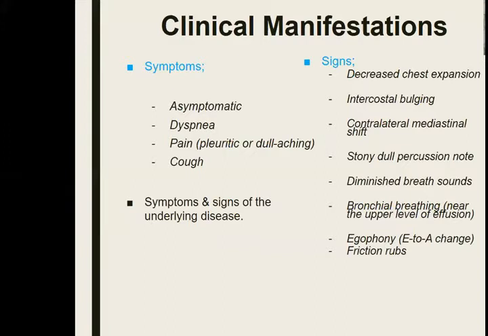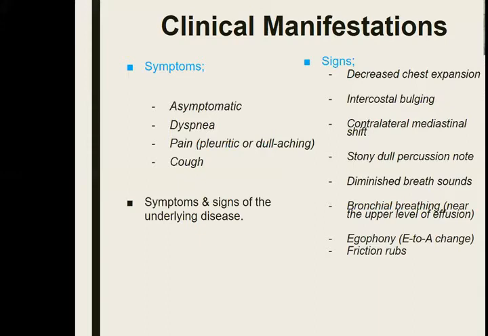For instance, if a moderate amount of fluid accumulates rapidly, the patient is more symptomatic. But if the effusion has been increasing gradually, then a large amount of fluid can be accommodated in the pleural space without producing any significant symptoms.